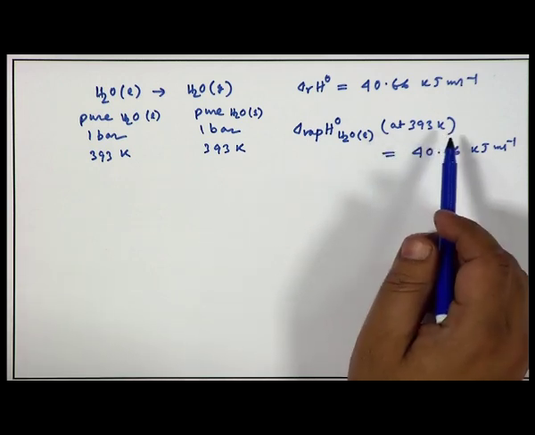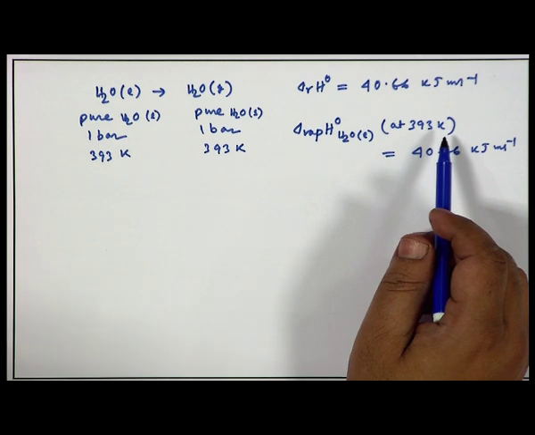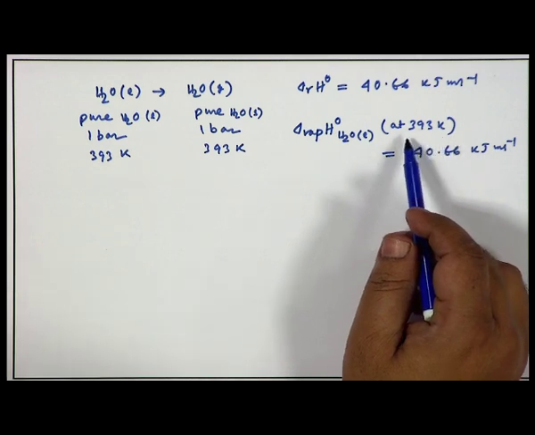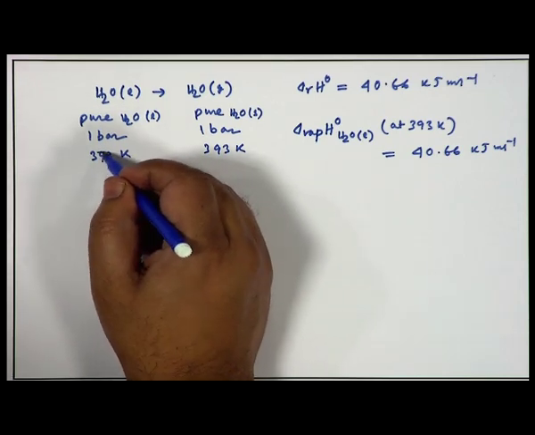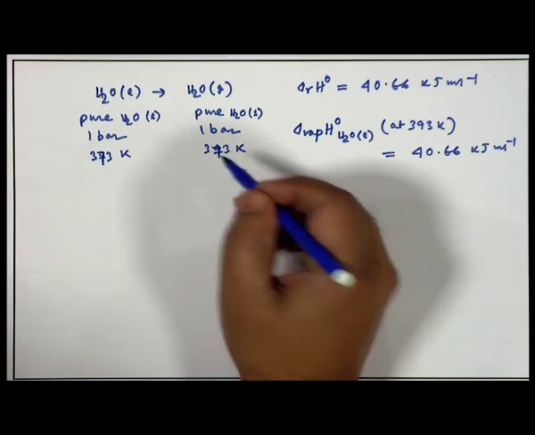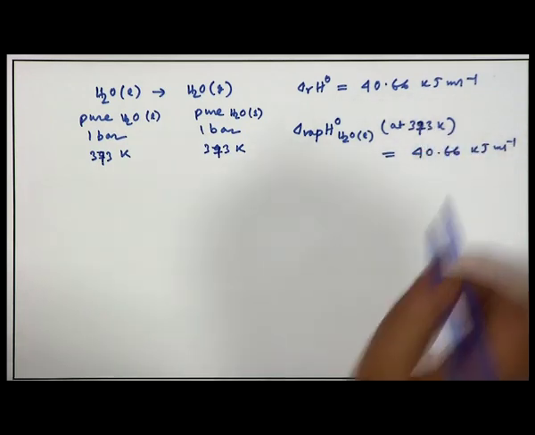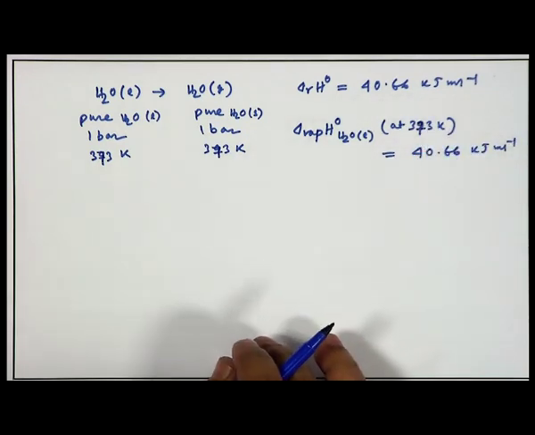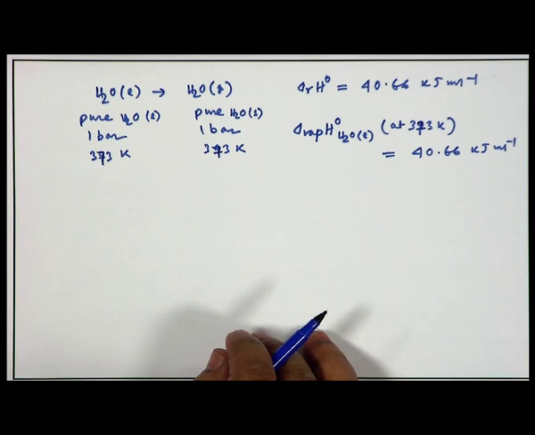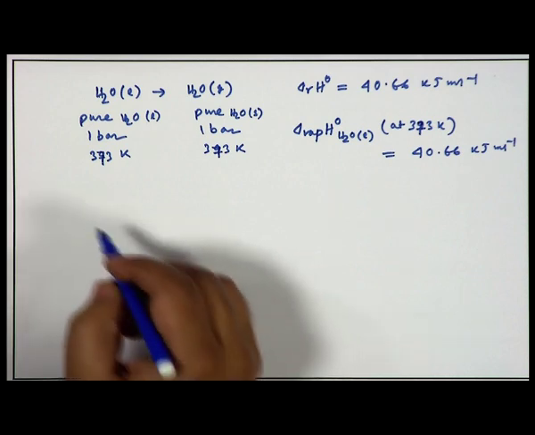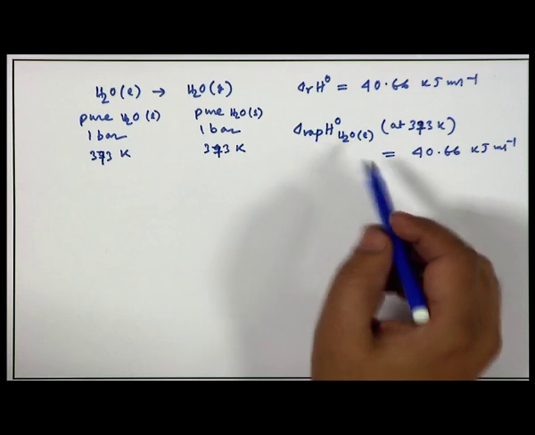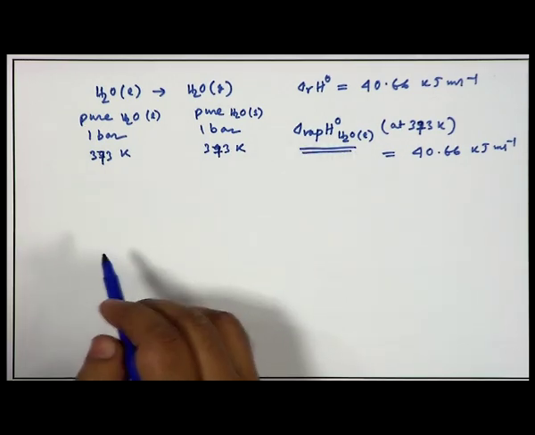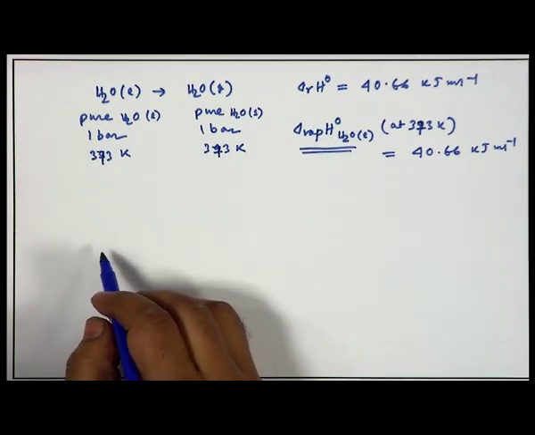So, you have to calculate, this is 373, sorry, 373, not 93. We will define, so how we will define, this is a standard enthalpy of vaporization of liquid water.